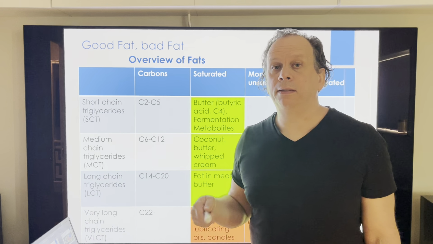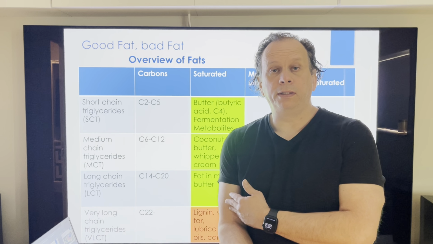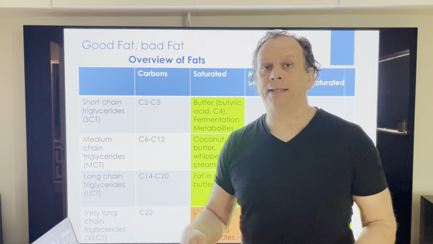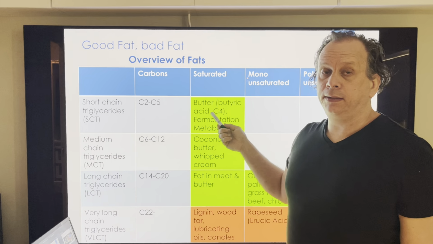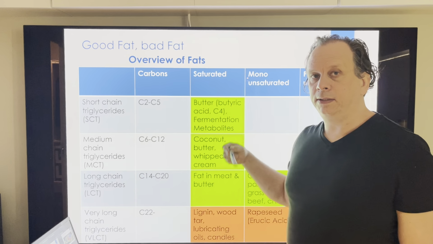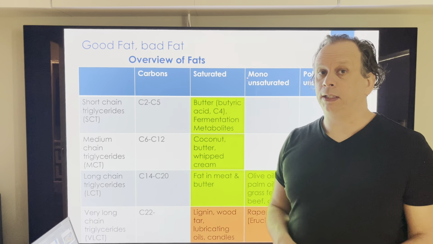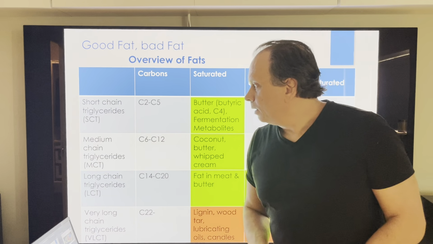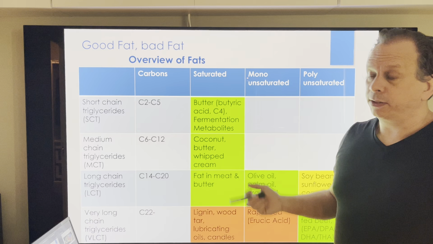Like lactate is the form in your muscle. It's lactate, not lactic acid actually. The same here, butyric acid is the acidic form, but in the body it changes to butyrate because butyric acid is too acidic for us. But it's the same fat, it's just the proton on or off, depending on the pH.